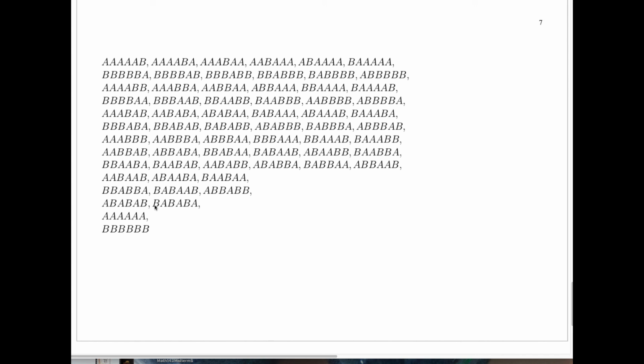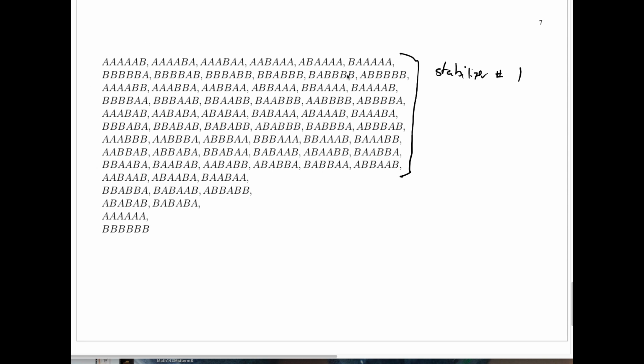Here we have all 64 strings, arranged by orbits, though that's not too important right now. All of the strings that are in orbits of length 6 have stabilizer number 1.